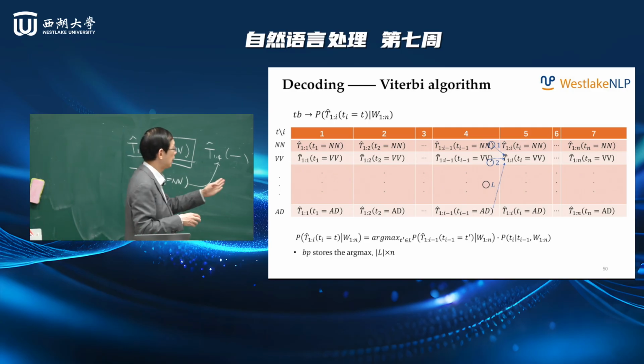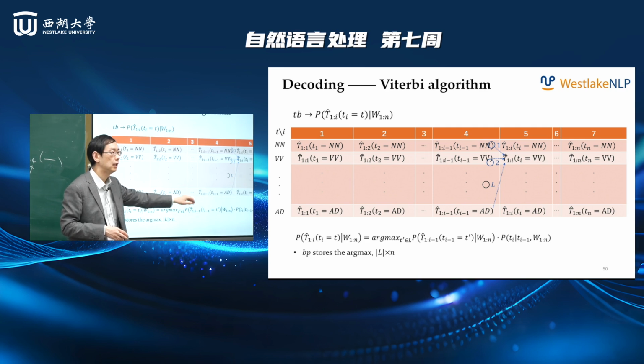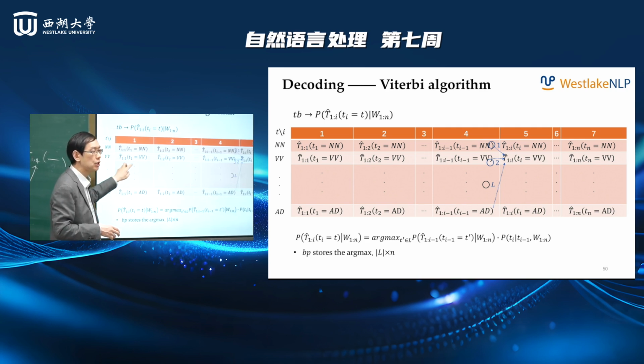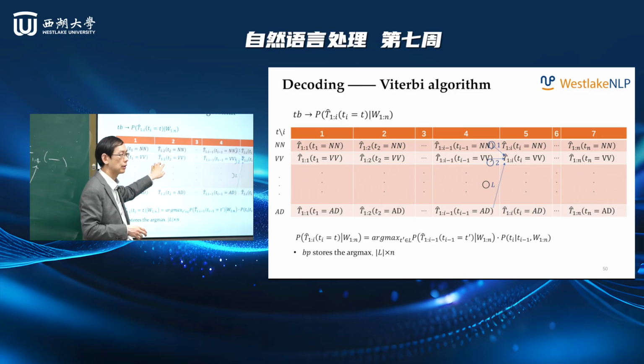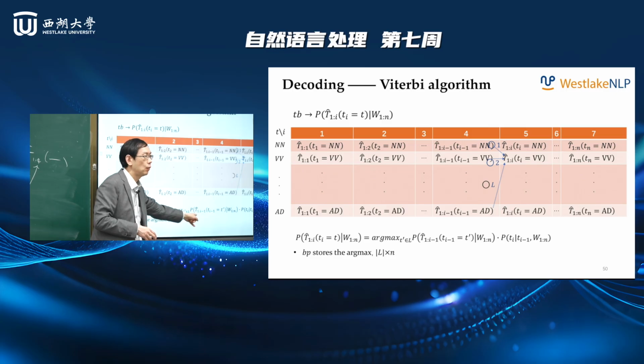It has n columns and L rows. Each cell stores the value of the probability of t hat 1 to i, where the last tag ti is equal to a specific label.